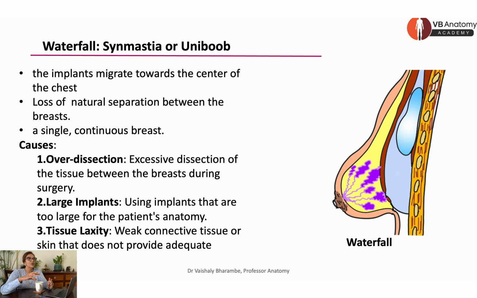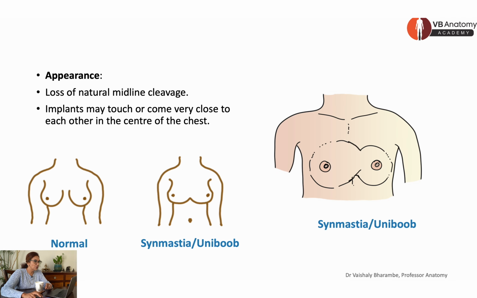This can be because you have over dissected the space between the breasts, because you've used a very large implant and the tissue is too lax. Take a look. Now this is what is happening. The direction of the breast has changed also. Here you are seeing a normal breast and here you are seeing what is called as a synmastia or a uniboob. Okay, you can see how the implant has migrated in such an abnormal looking way.